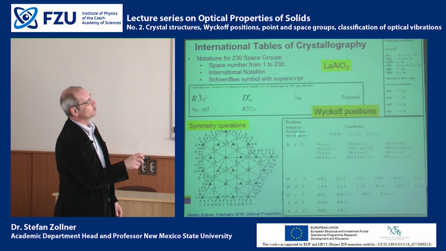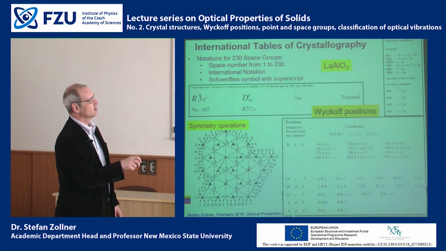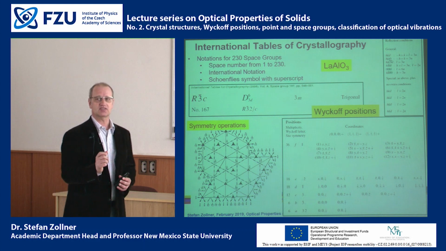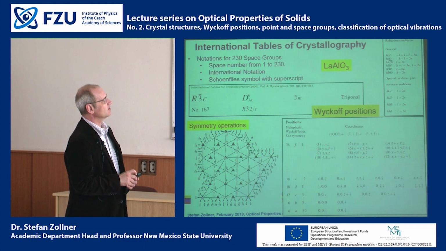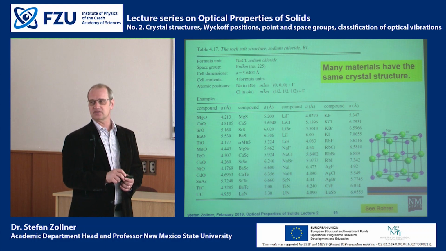And these are the Wyckoff positions. So for lanthanum aluminate, there are A, B, C, D, E, F, so there are 6 different positions in the lattice with different symmetry properties. For sodium chloride, I have 4 atoms in the A position and 4 atoms in the B position.